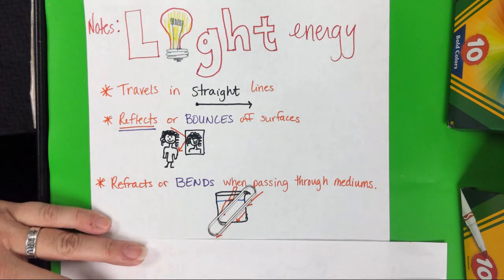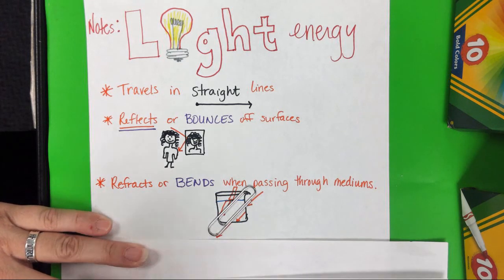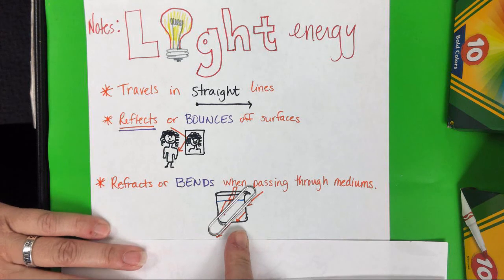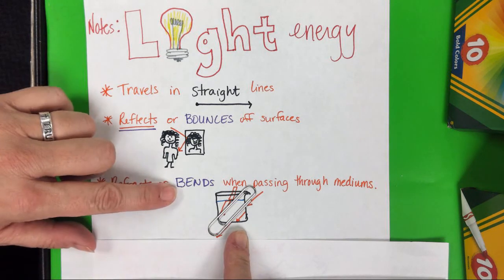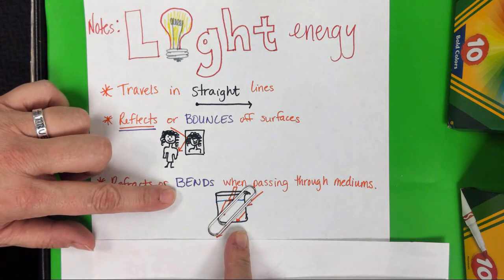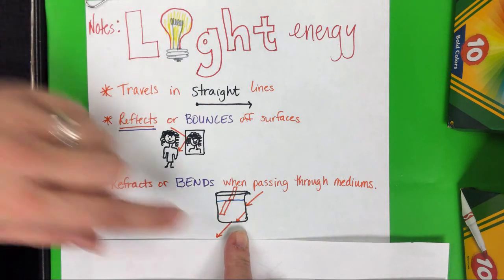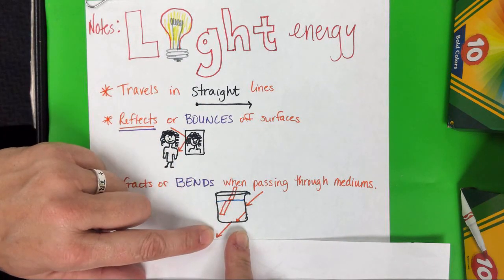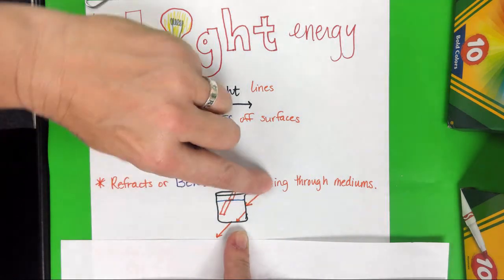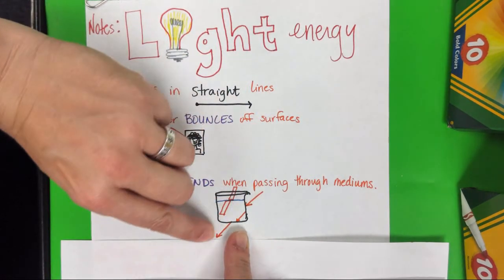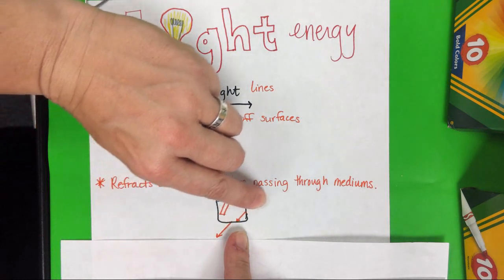It's not in line with it, is it? Because that's the light going through the water, so it turns. It is bent, right? So as soon as it comes out the other side, it's going to go straight again, back to normal and in that line. Do you see that?